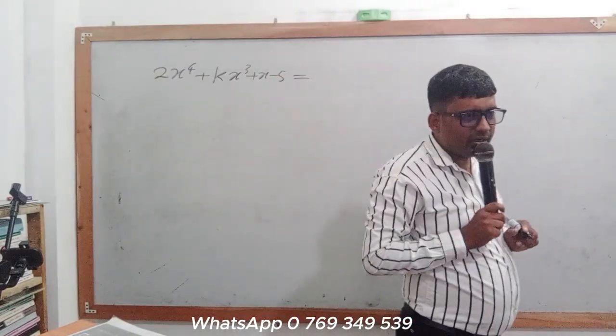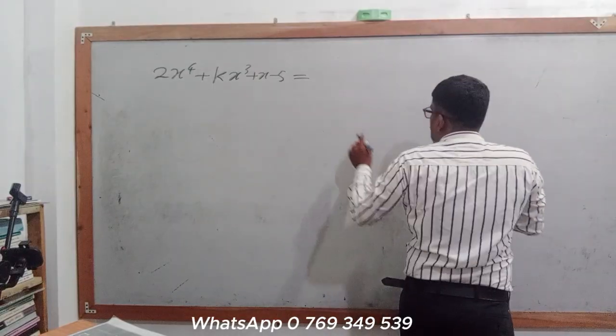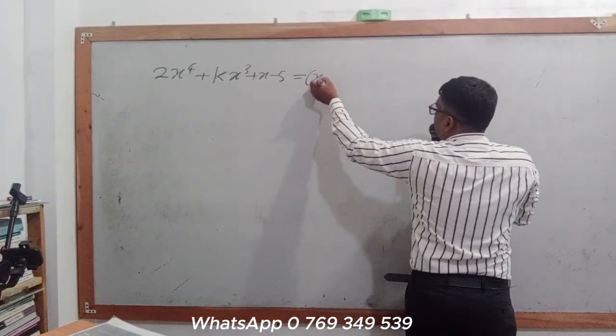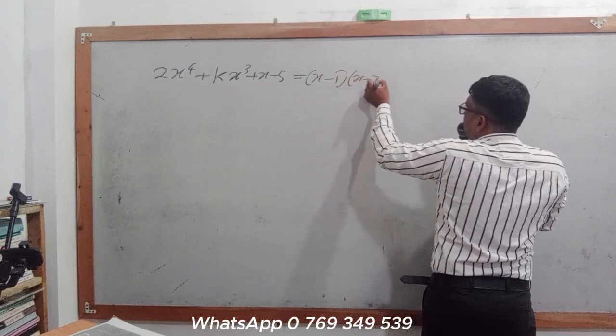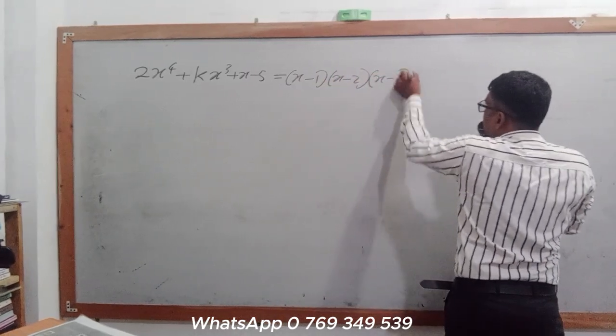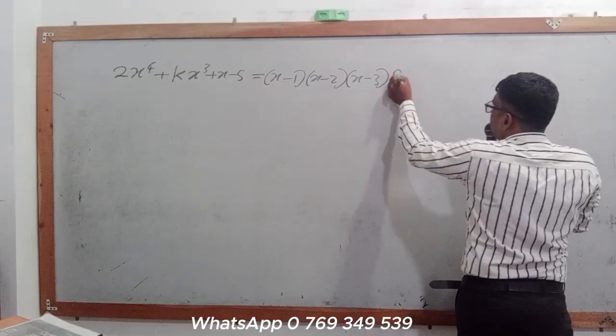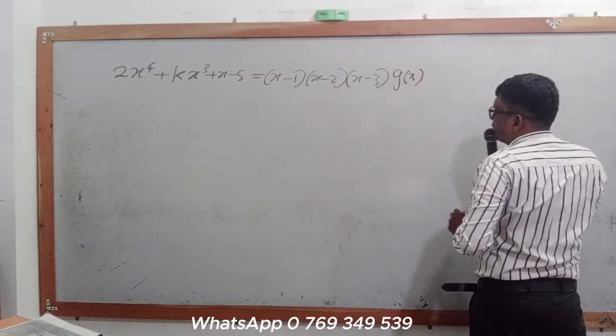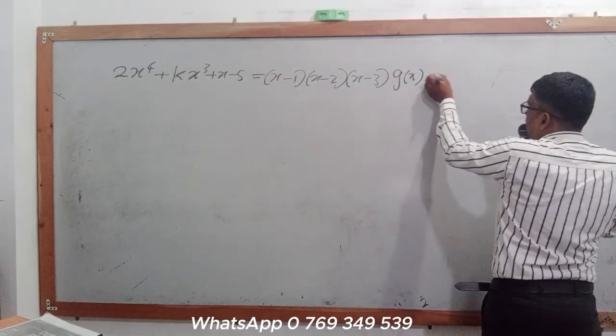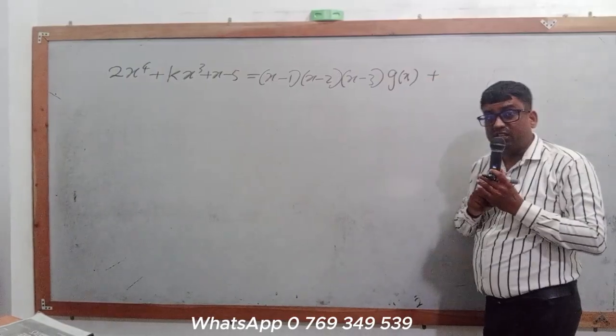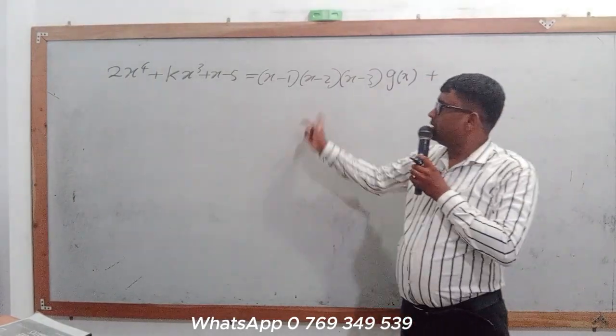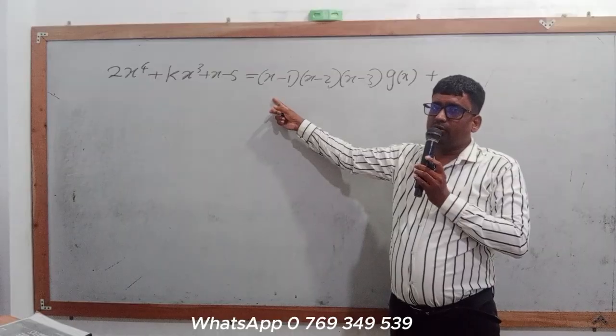We have to divide it by (x minus 1)(x minus 2)(x minus 3). The other one is g(x), the quotient, right? The remainder has no x squares. This is a third degree equation.